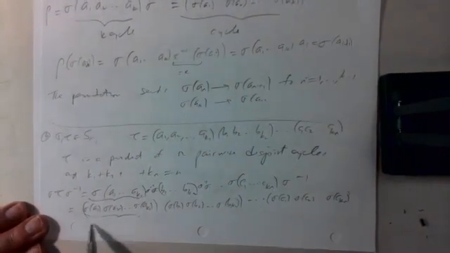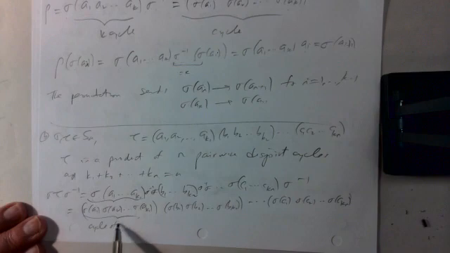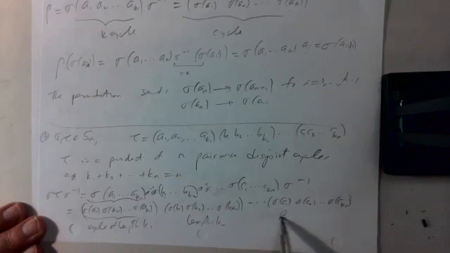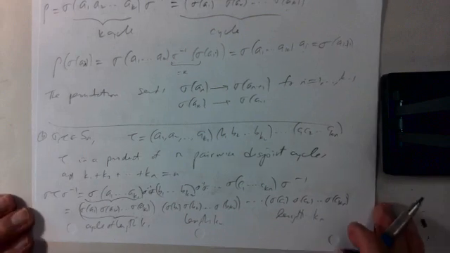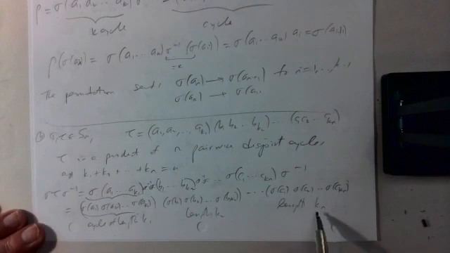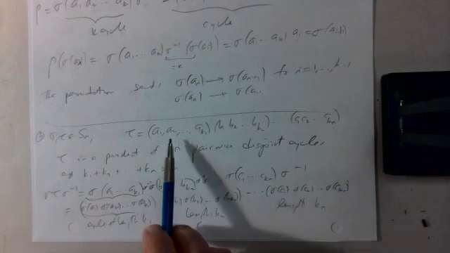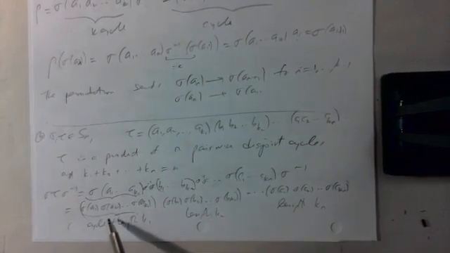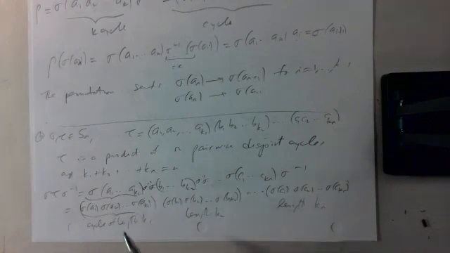And this is a cycle of length K1. This is a cycle of length K2, up to a cycle of length K sub R. So I have R cycles of exactly the same lengths as in the permutation tau I started with. And because sigma is a permutation and the A's and the B's and the C's are pairwise distinct, the same is true for their images under sigma.